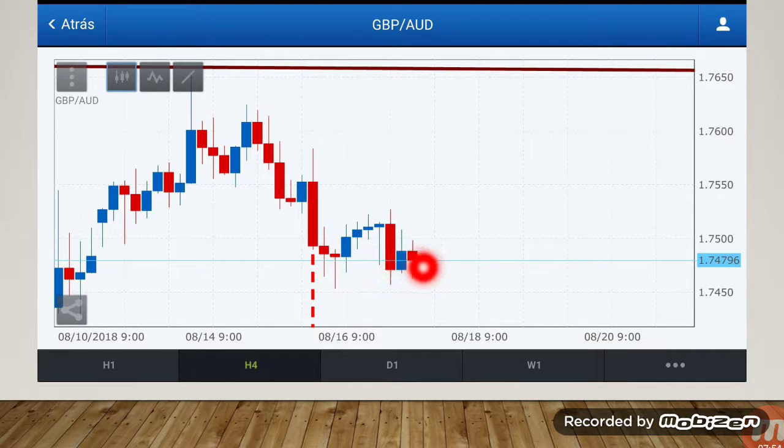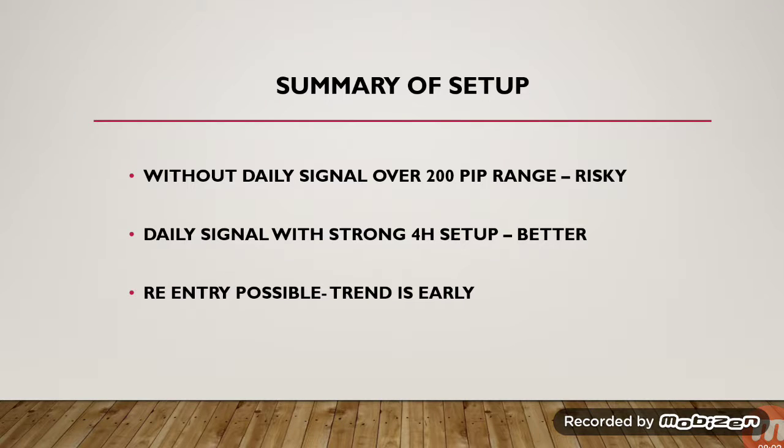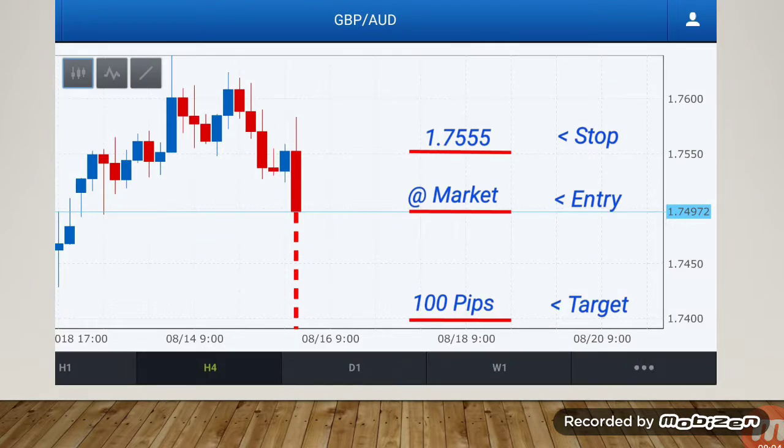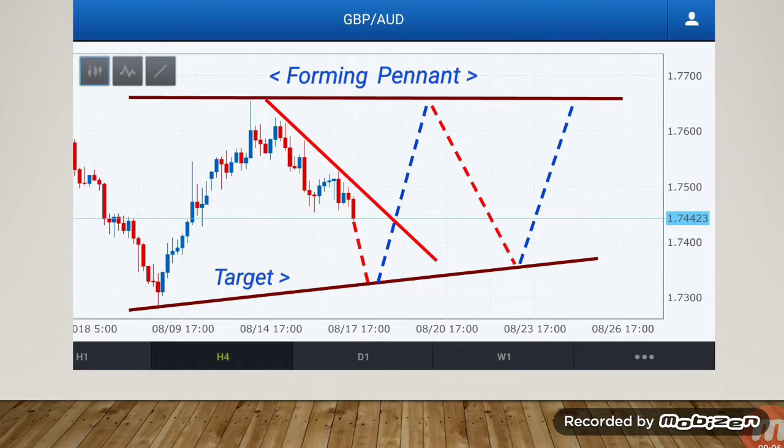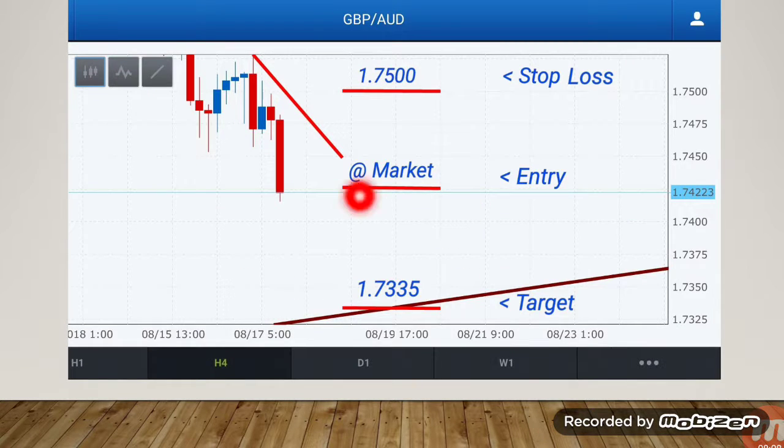So the decision was taken to exit the trade here, and re-enter if we saw another bearish signal. And as you can see here, this is exactly what we did. The market provided us with another signal, and so we took advantage of it to trade what is expected to be a fast movement towards this area here.